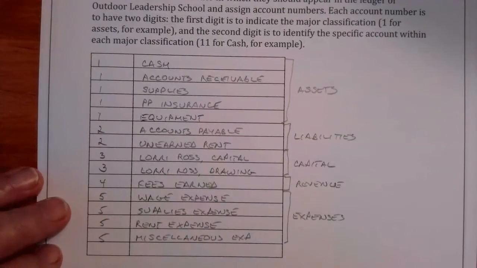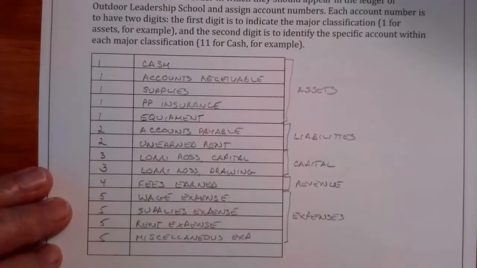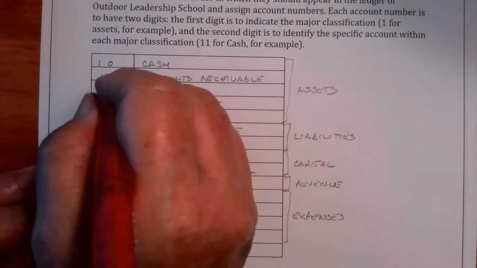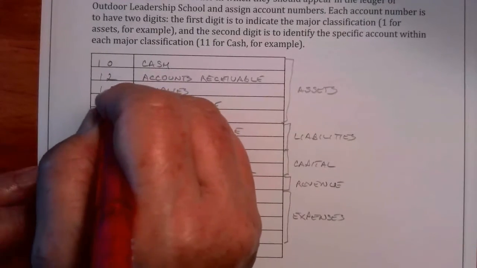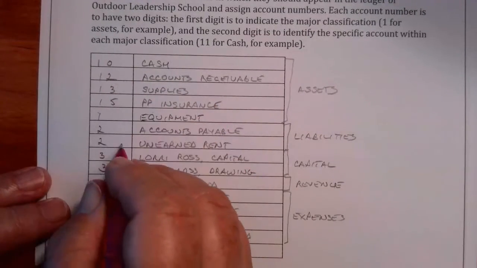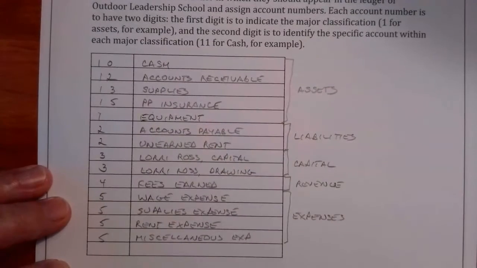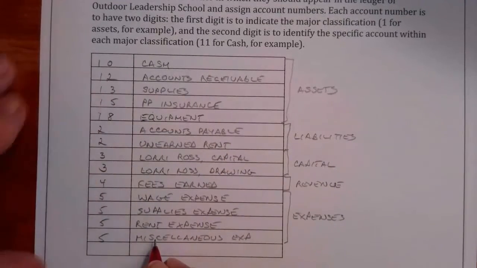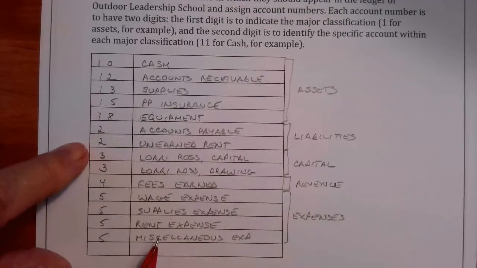Now the next thing is we just need to give each a sequential number. So we could make cash 10, okay? Accounts receivable, it could be 12, supplies 14, and prepaid insurance, maybe make that 16, and equipment, that's a long-term asset, I guess we'll make it an 18.